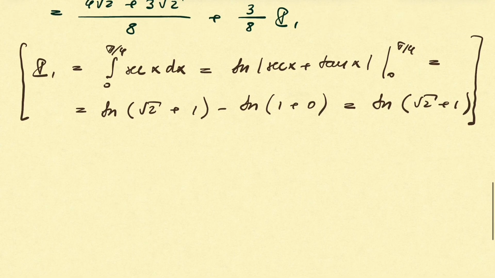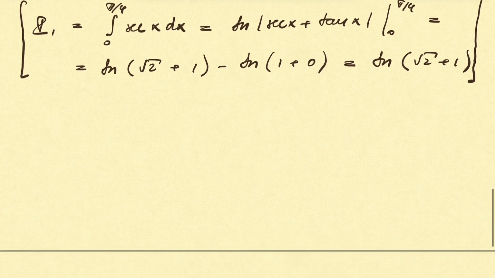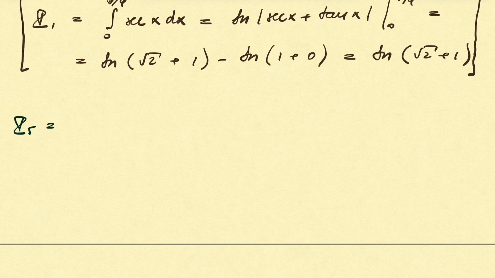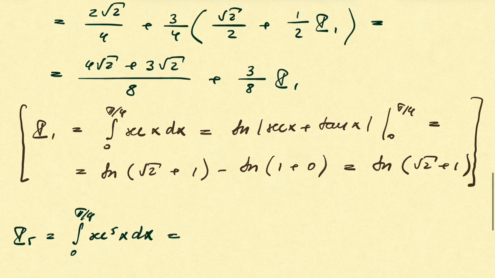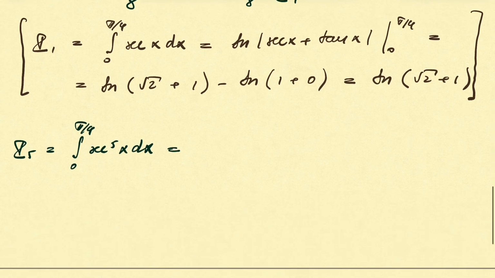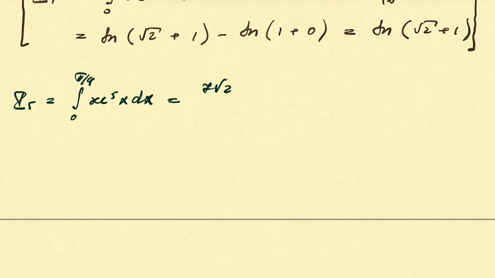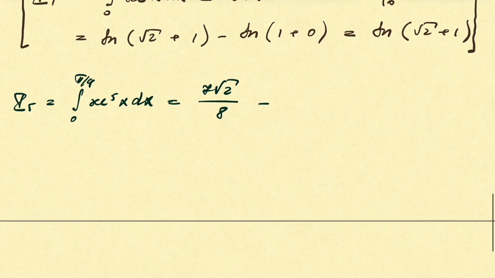Then we have our final answer, which is that I5, which is also the integral from 0 to pi over 4 of secant to the 5 of x dx, is equal to 7 square root of 2 over 8 plus 3 over 8 ln of square root of 2 plus 1.